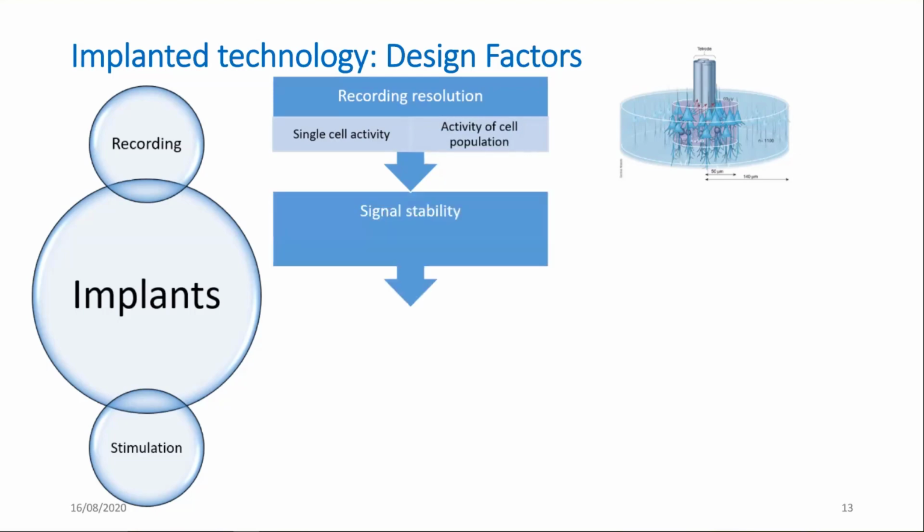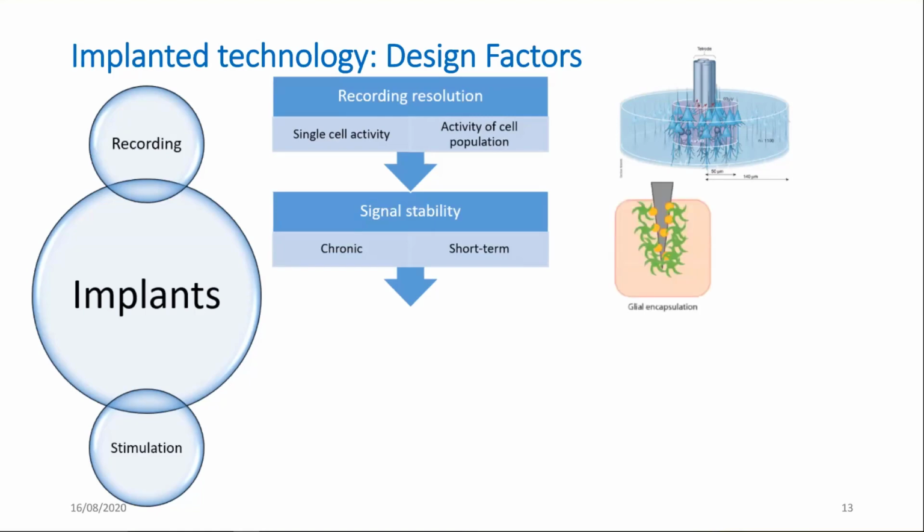Then it's about stability, whether I'm going to record for weeks or months or a year, as chronic implants, or we're going to record for a short time, like day-to-day implants. Because if we are going to put the electrodes in for long term, for chronic recording, it means that these electrodes are recognized in our brain as a foreign body.